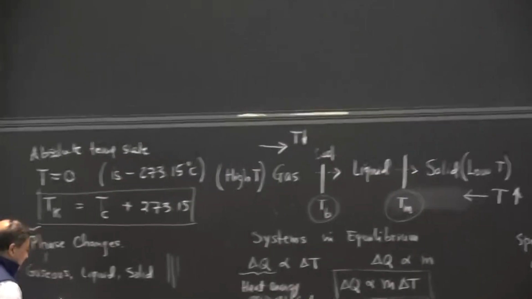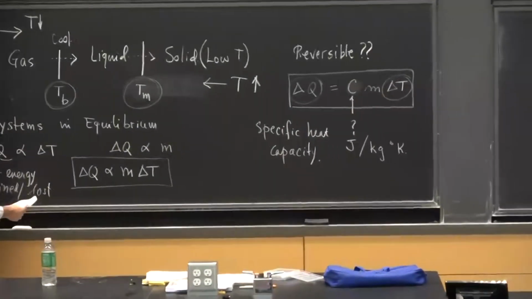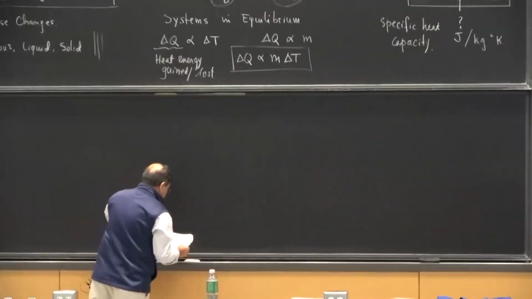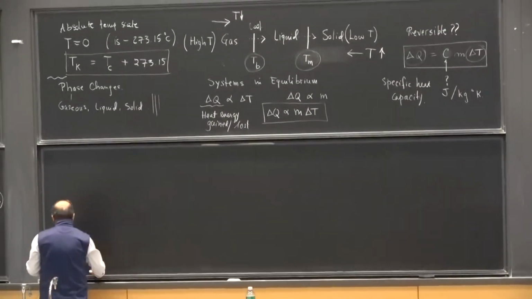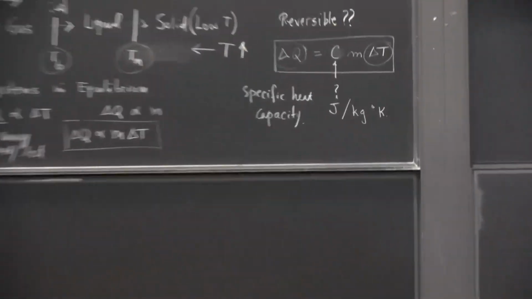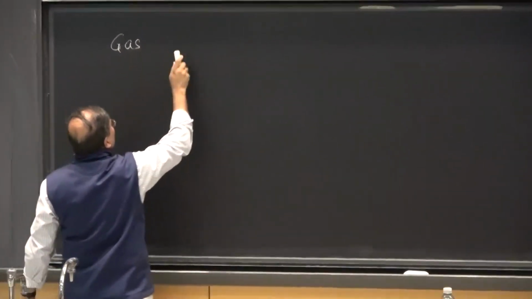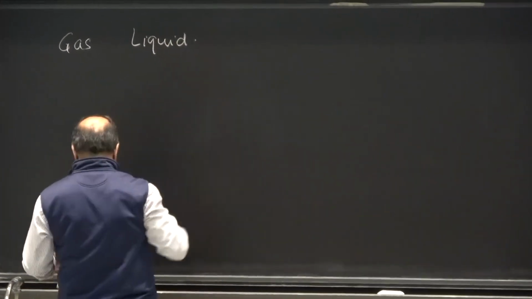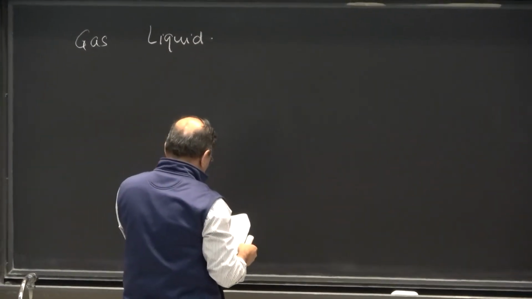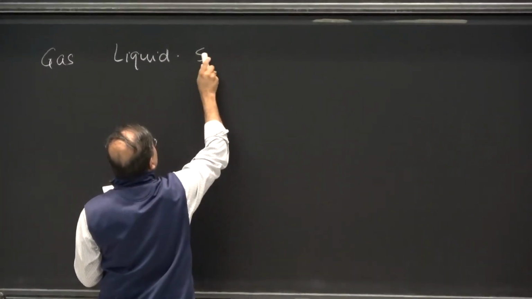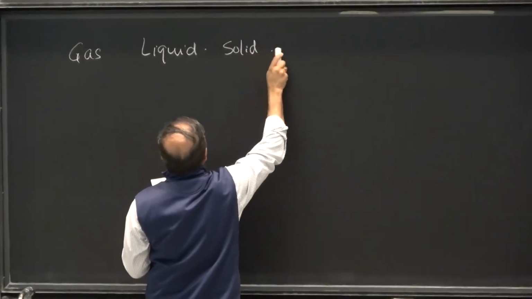All right. So let us say we want to look at some numbers. So the C values are unique in the various phases. So in the gas phase, in the liquid phase, in the solid phase, etc., the C values are not the same.